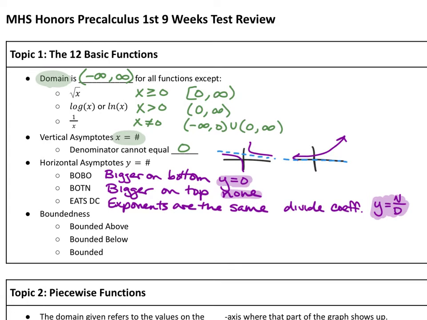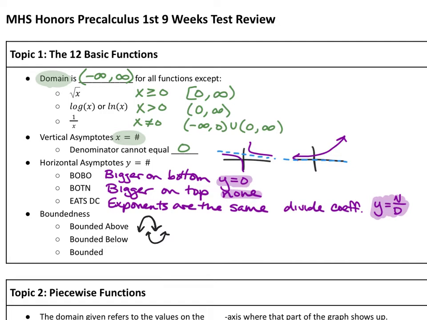Last thing that we covered a lot in the 12 basic functions, but one of the definitions I wanted to go back over for you is boundedness. Remember, when a graph is bounded above, that means there's some maximum value for the entire graph, some y value that is higher than all the other points. Bounded below means that it looks something like this, where there is a y value that is less than all the other points.